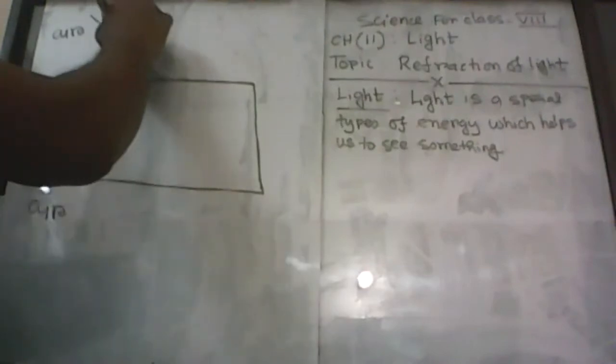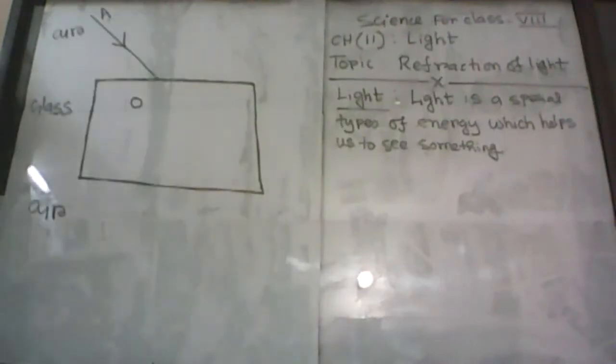Here, some part of light is incident on point O. Since some part of light is incident at point O, then what is happening here? From class 6, you know that some part of light returns back to the first medium, and this phenomenon of light is called reflection of light.